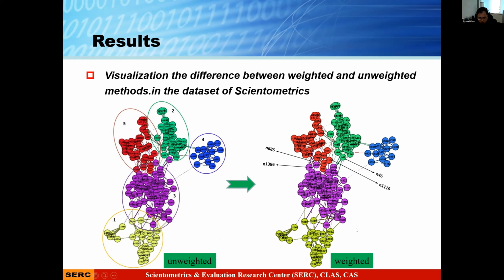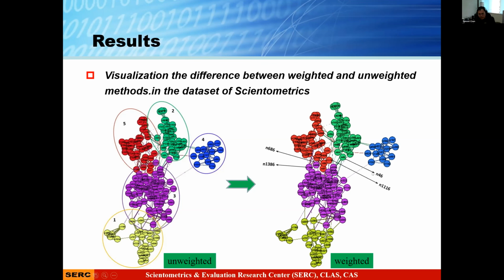When we use TF-IDF to get the weighted network, we can find that some nodes moved. We can see this node moved from the red group to the purple group, and there are 4 nodes.